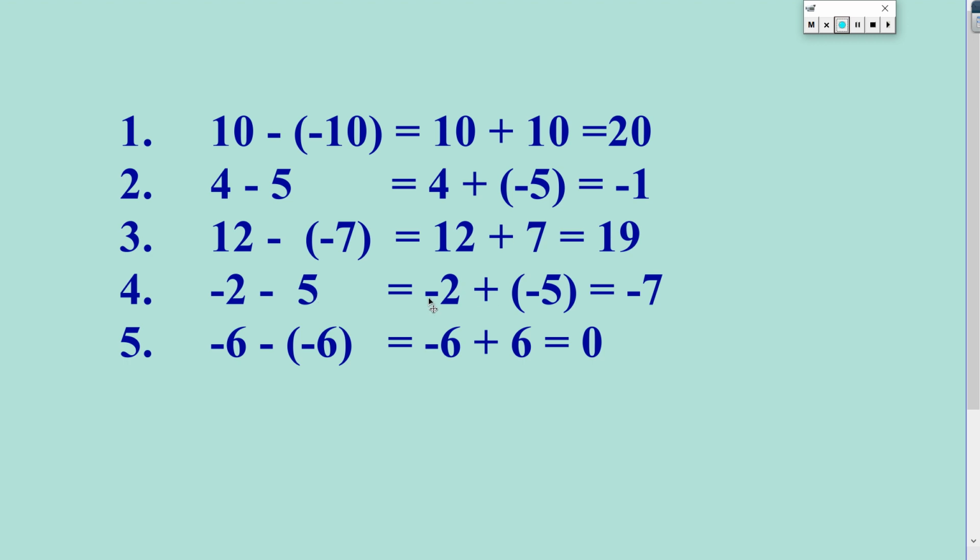That is negative 2 plus negative 5. So negative 7. Negative 6 minus negative 6. So negative 6 plus, change the sign, 6. Different sign, subtract, 0. 0 doesn't have any sign. Hope all of you got the correct answer.